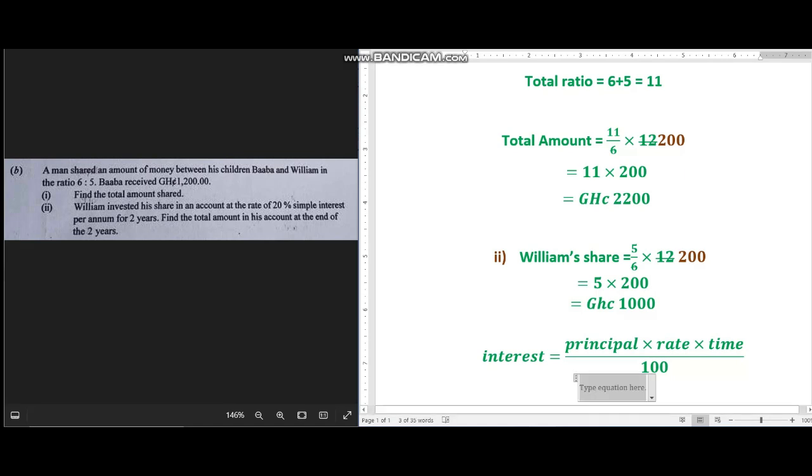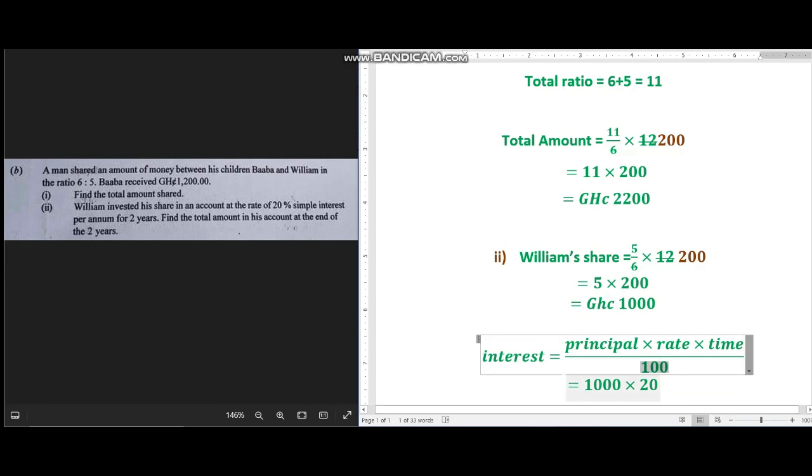So our interest is equal to principal, 1,000 Ghana cedis, multiplied by the rate. The rate is 20%. 20 over 100 is the same as 20%, but the over 100 is the one you can see at the denominator side, so we'll surely need that.